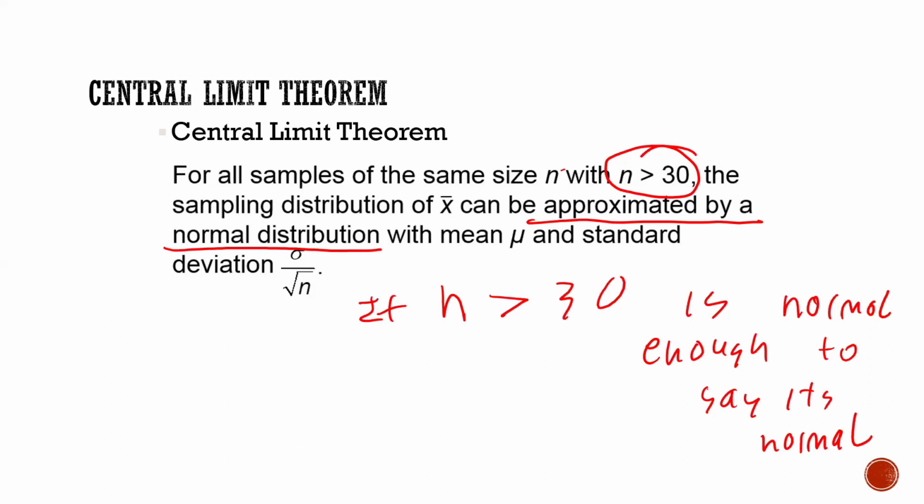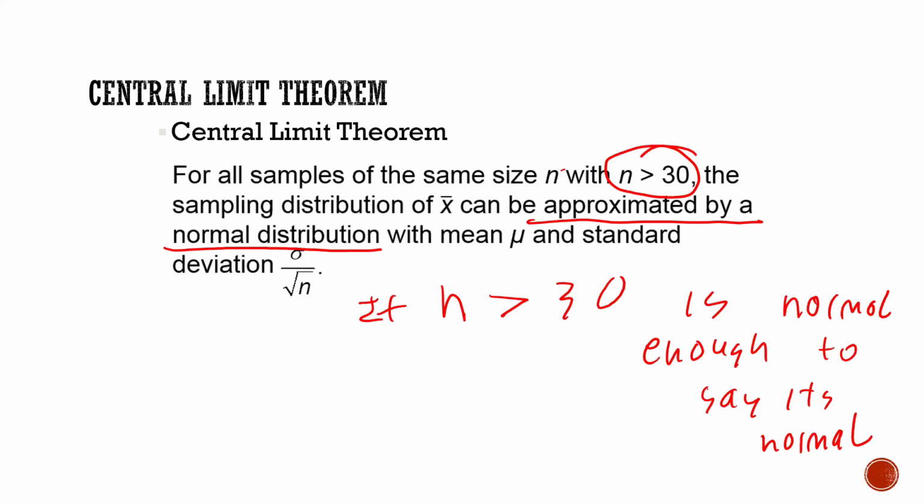Now, it doesn't say this in this slide, we'll say it later. The other thing is if you know that your original distribution is normal, the process of doing a sampling distribution makes your original distribution more normal. If your initial distribution is normal, it can't be made any more normal.